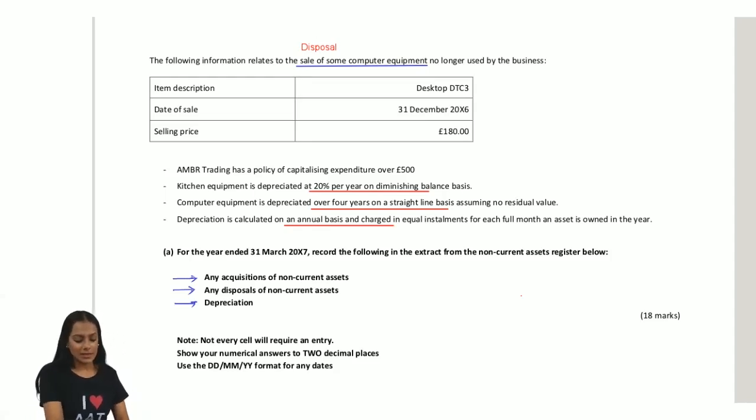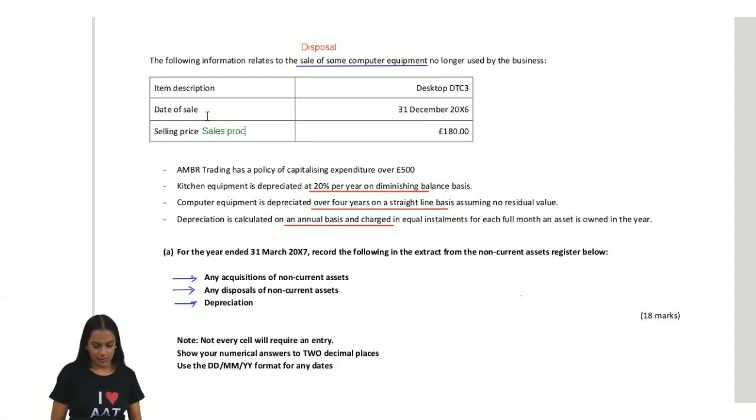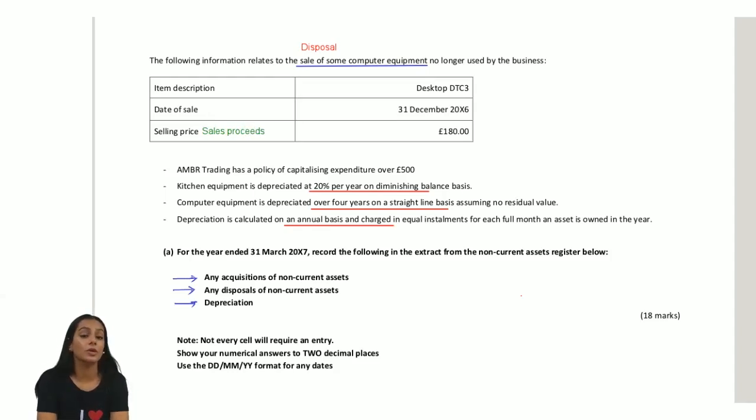The selling price in this situation is going to be called the sales proceeds. And the sales proceeds is the amount of money that you have raised from selling this asset to your customer. In your accounting studies for level 3 advanced bookkeeping, you should also think about have we made a gain on disposal or a loss on disposal.